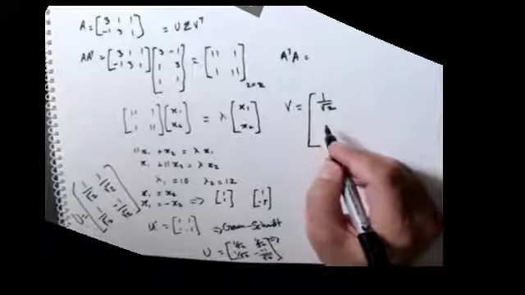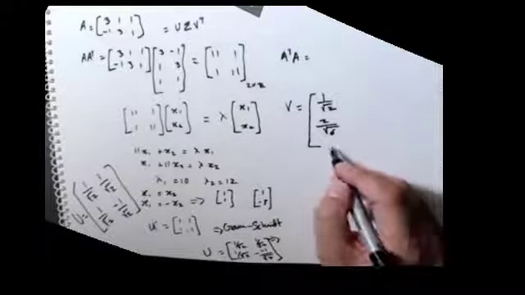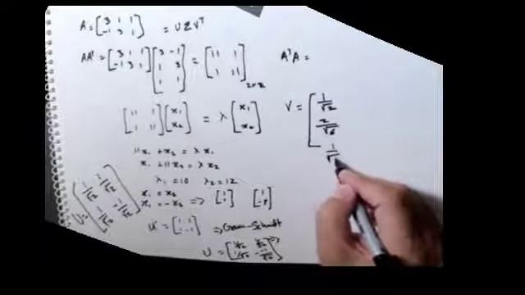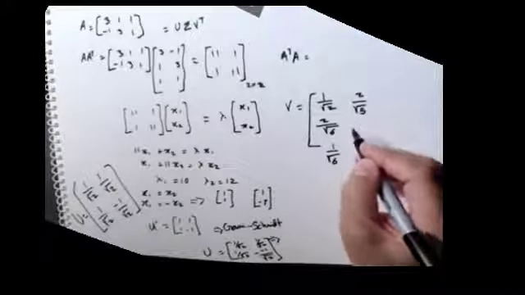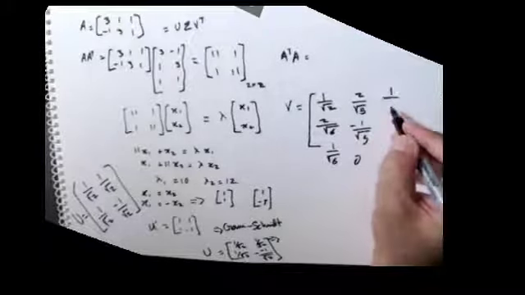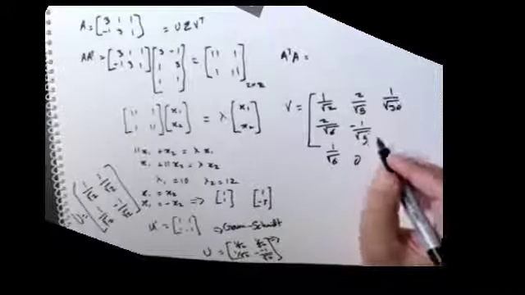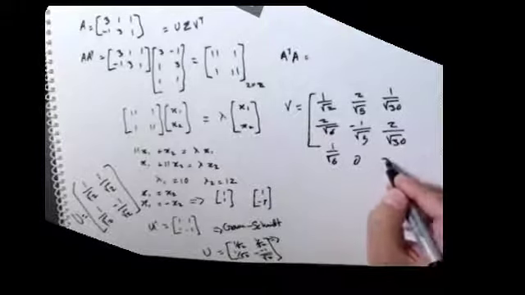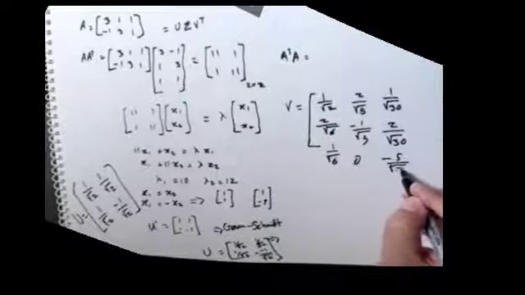So this is 1 over under root 6, 2 over under root 6, and 1 over under root 6 again, and 2 over under root 5, minus 1 over under root 5, and 0, and 1 over under root 30, 2 over under root 30, and minus 5 over under root 30.